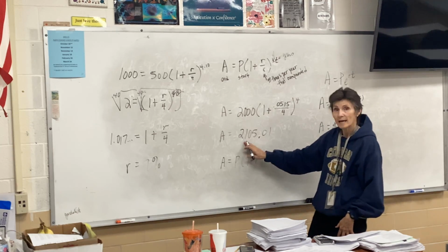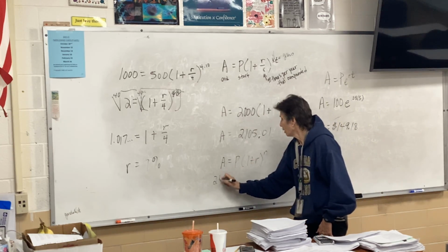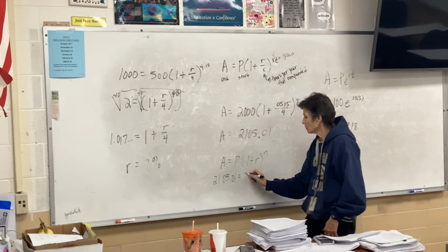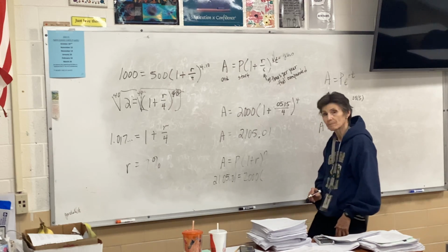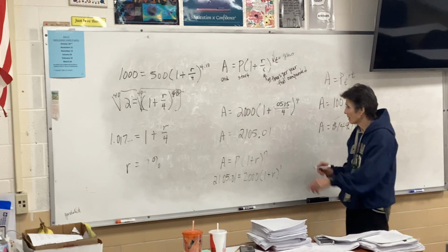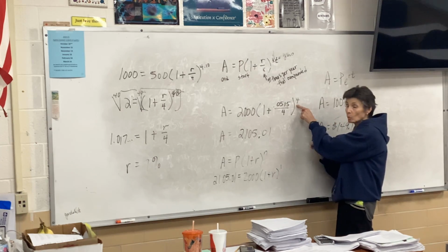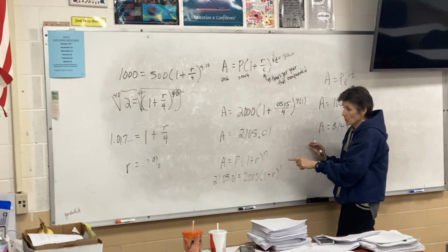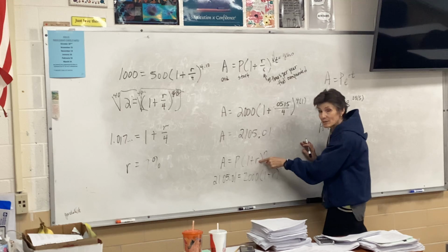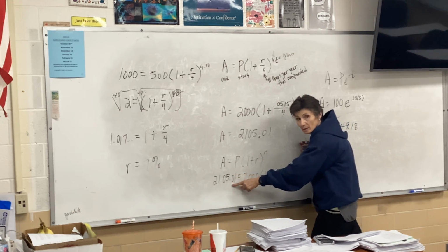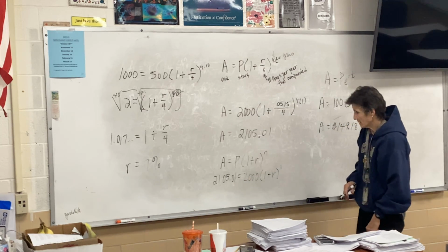I know I want to end up with 2105.01. I know I'm starting with $2,000. And I know I'm doing this for 1 year. It was compounded quarterly, but only for 1 year. So now I'm figuring out what interest rate would give me that same yield, that same result.